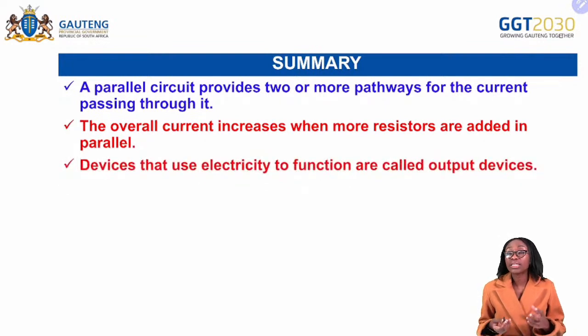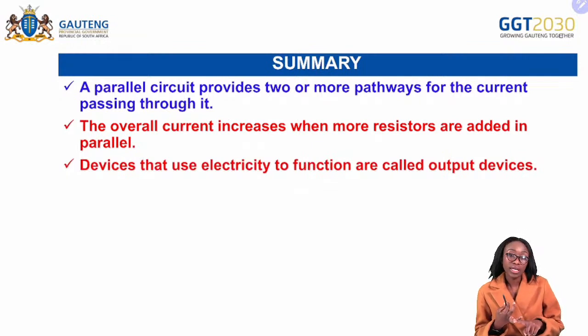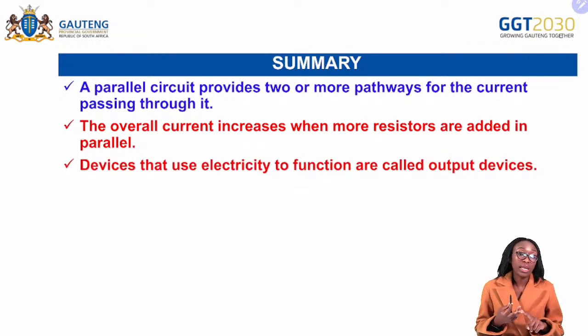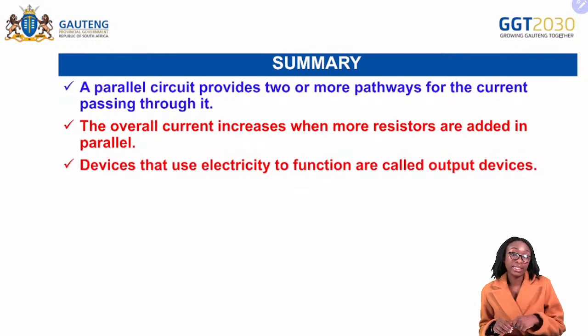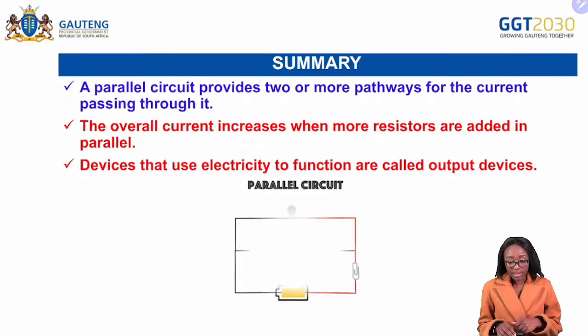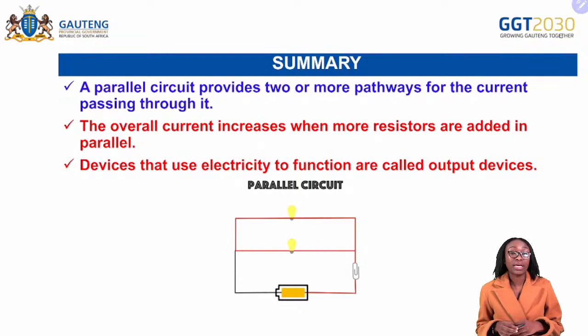We also learned that devices that use electricity to function are called output devices. We saw a heater, we also saw an electric motor, we also saw a lamp bulb and LED lights.